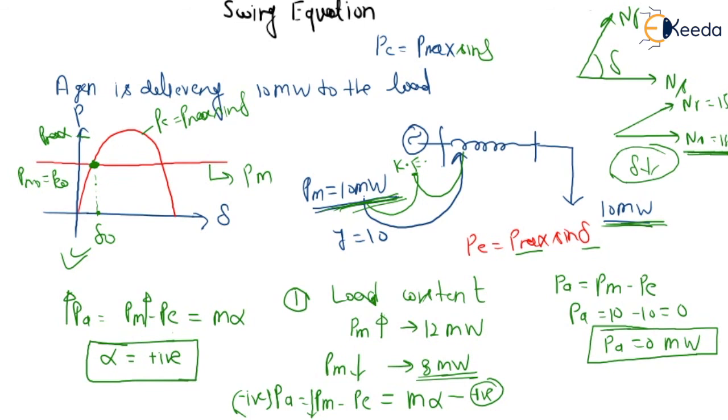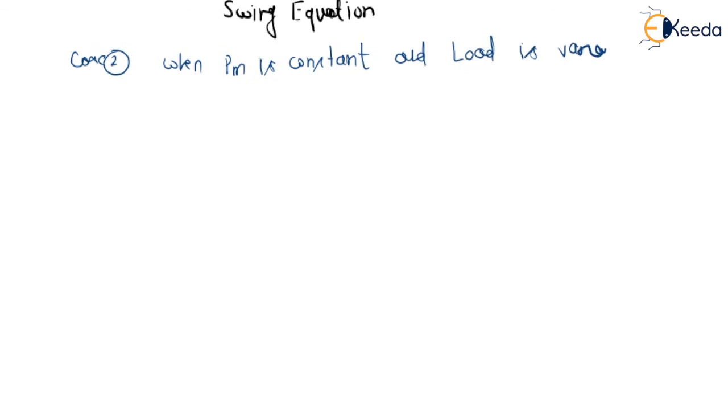Now I am going to discuss when our load will be variable and PM will be constant. Case number 2: PM is constant and load is variable. I'm drawing the diagram here, a lossless system.